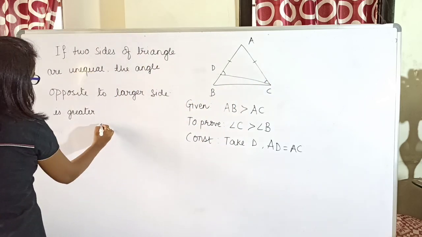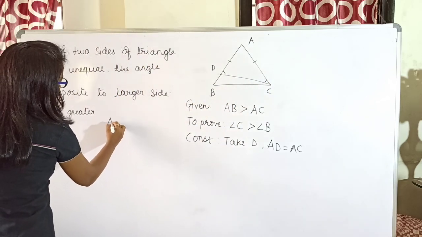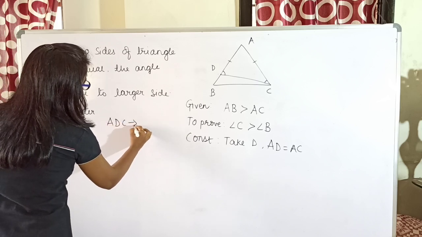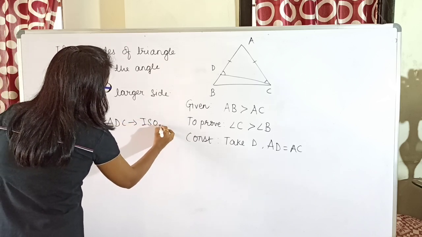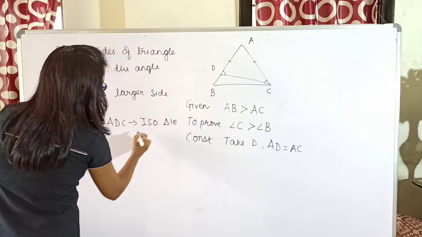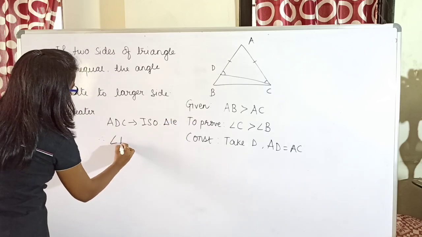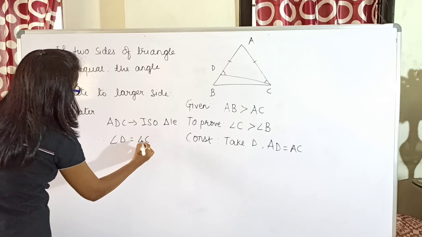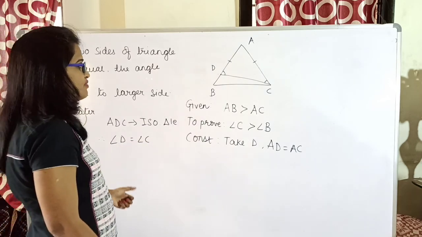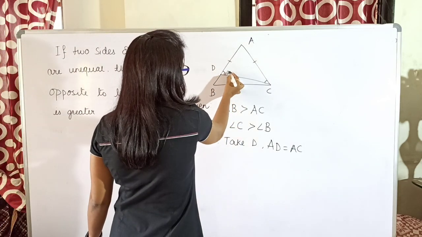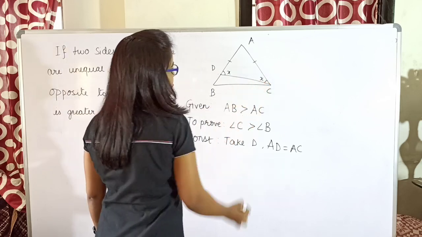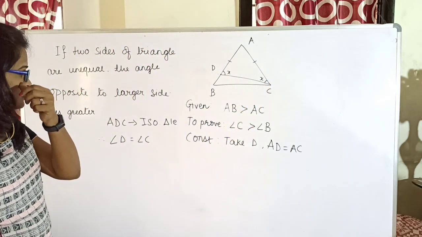So can I write, since ADC is an isosceles triangle, therefore angle D is equal to angle C. Now let us name them. Suppose I take it as X, so this will also be X. Fine.